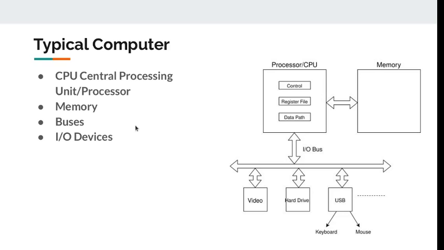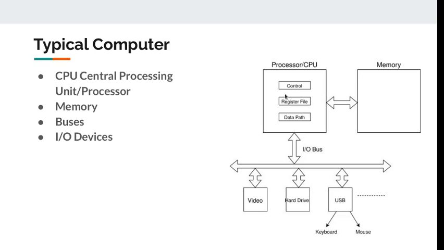But let's talk about the typical computer. This is actually the von Neumann definition of a computer. Basically, we have a central processing unit, and in this processing unit we have the control, so how we're going to provide the instructions that we want to provide.